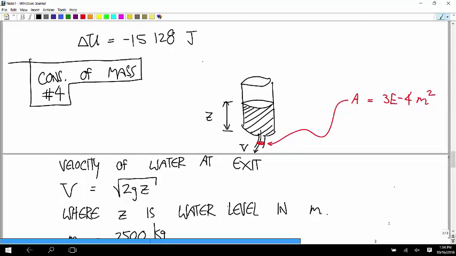Is it just the same cross-sectional area the whole way up here? Because if we knew that, then we'd have a relationship between Z and the volume anyways, and then since we have the density, we could find a relationship with the mass. Right now we have three things that are independent of each other.